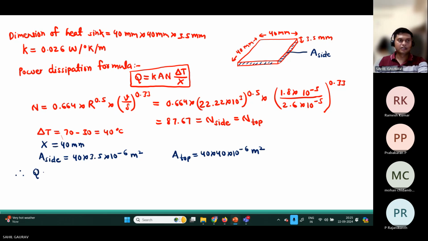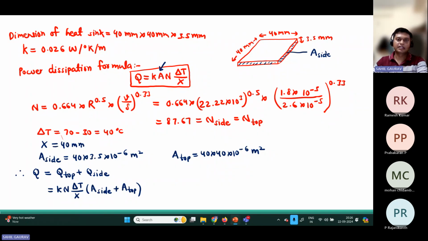Therefore, the heat power dissipation will be Q top plus Q side. So only the area will vary, other things will remain the same. So we will write it as k into Nu into delta T upon X into (area side plus area top).